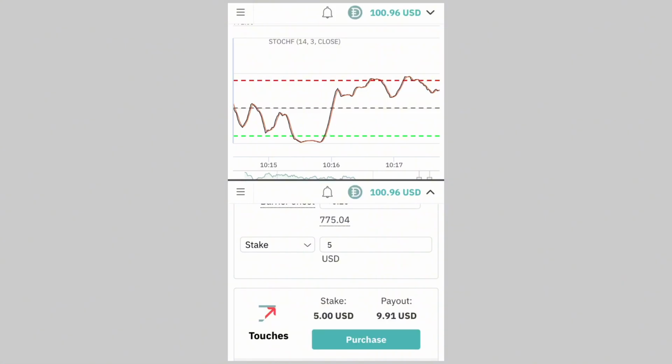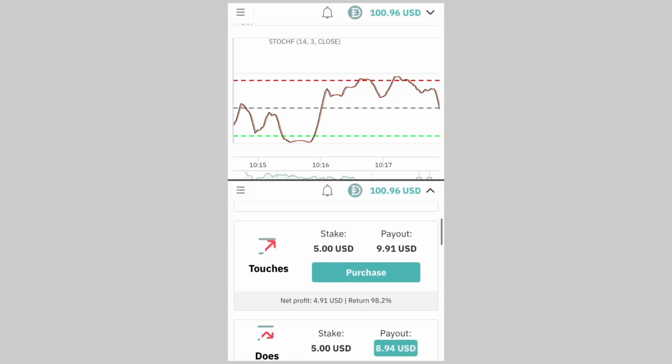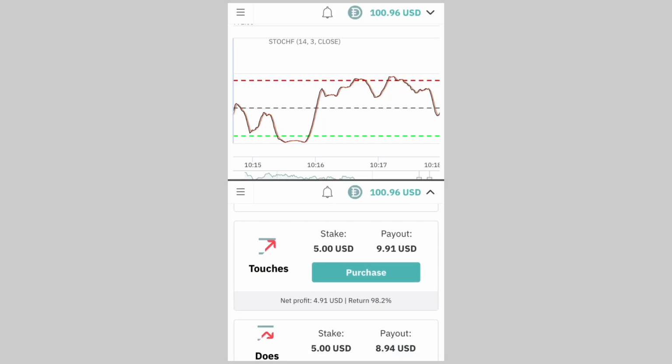Today I'm going to take the trade with only $5. If you have $10, you can start with $1 or $2, depending on your risk tolerance. The net profit payout for this strategy is going to be 4.91 USD, with the stake at 5.0.